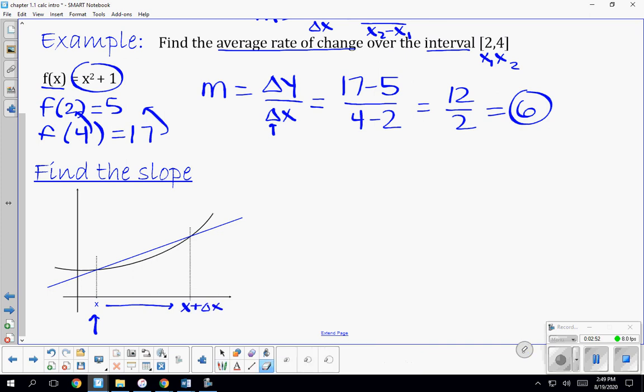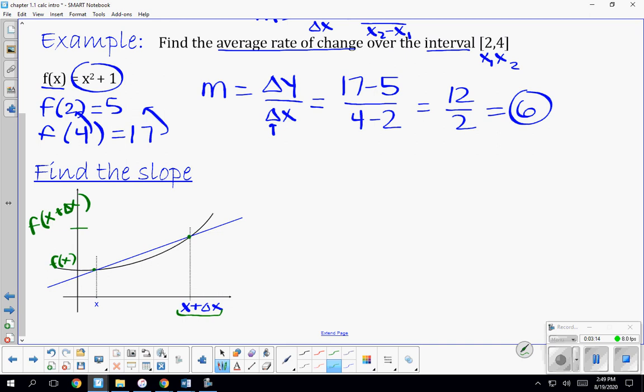So that point is going to be called x plus delta x. When I plug something into a function, its y value becomes f of x. So in this case, I'm plugging in this entire thing, so its y value becomes f of x plus delta x.